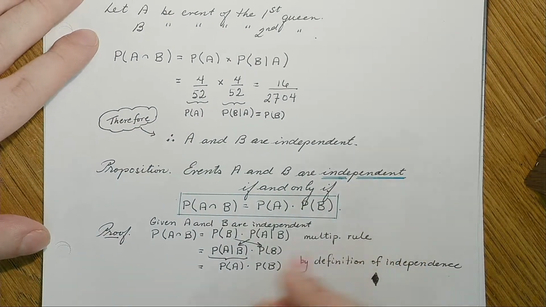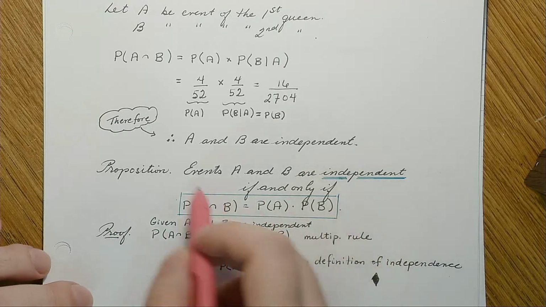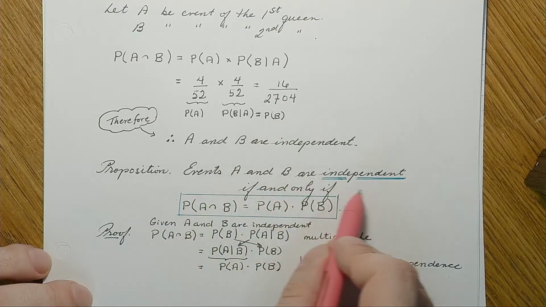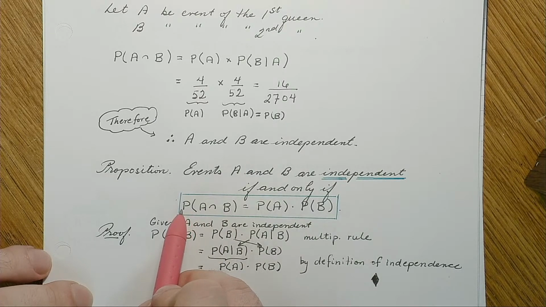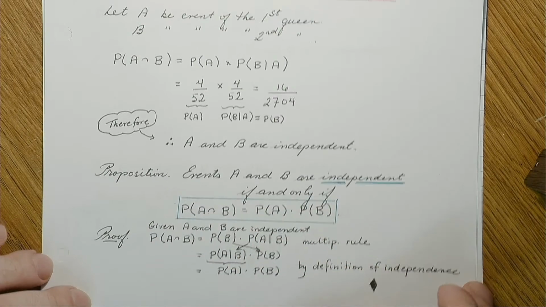We then came up with a test: events A and B are independent if and only if the probability of the intersection is equal to the product of the individual probabilities.